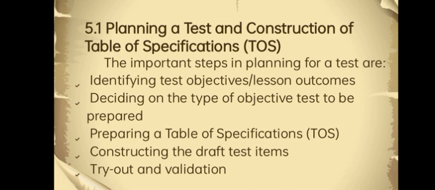First is identifying test objectives or lesson outcomes. Next is deciding on the type of objective test to be prepared. Then, preparing a table of specifications. Then, constructing the draft test items. And lastly is the tryout and validation.